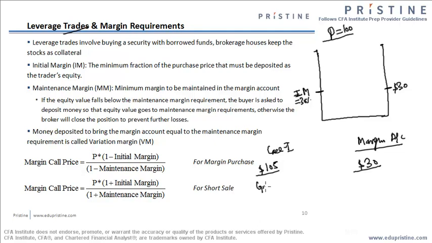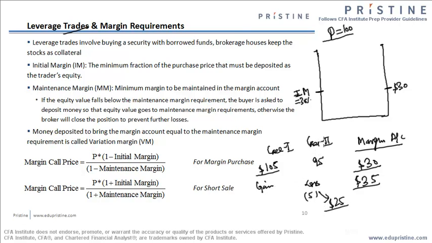So the margin account here will become $35. Similarly, if the price decreases by $5, it goes to $95, so there is a loss of $5, right? So the margin account will come down to $25 from $30.